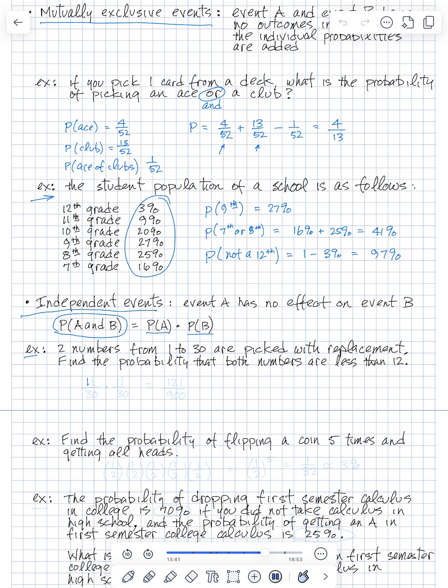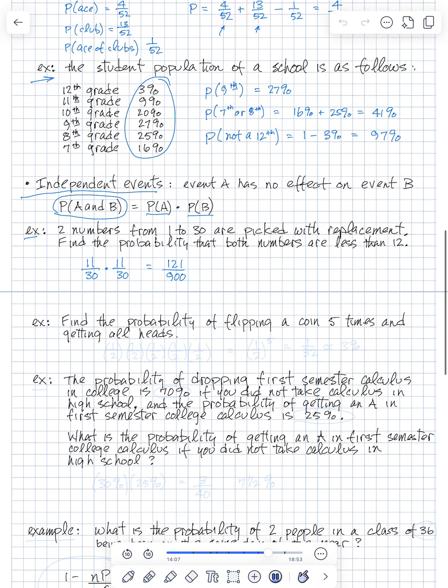There's 11. So it's 11 out of 30 for the first pick, and it's the same thing for the second pick, 11 out of 30. So you're multiplying these, and this turns out to be 121 over 900. So that's the probability that they are both less than 12.